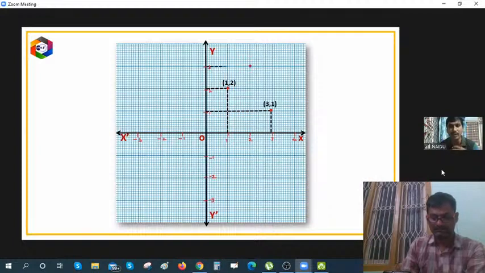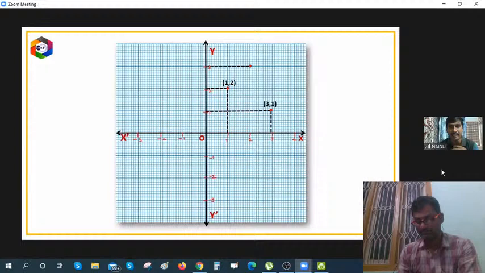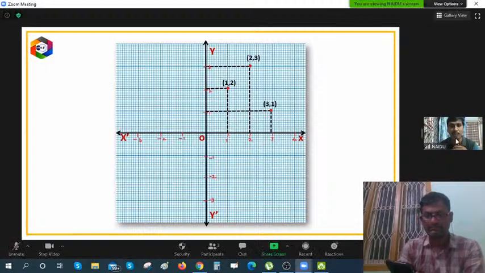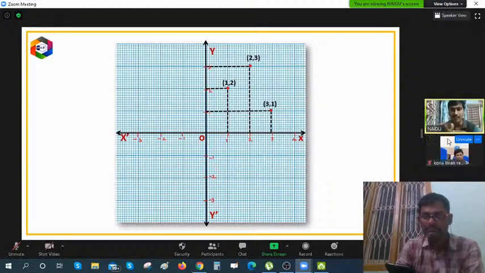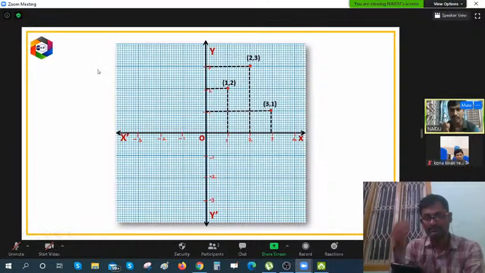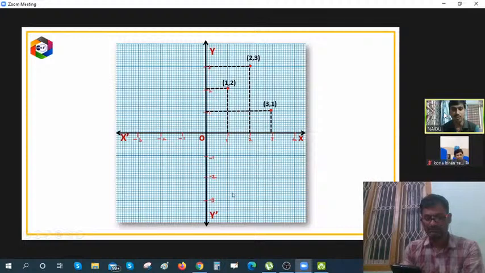One more point is 2 units away from the y-axis and 3 units away from the x-axis, so it is named (2, 3). All these points lie in quadrant 1. As we discussed yesterday, in the anti-clockwise direction we have named quadrant 1, quadrant 2, quadrant 3 and quadrant 4.